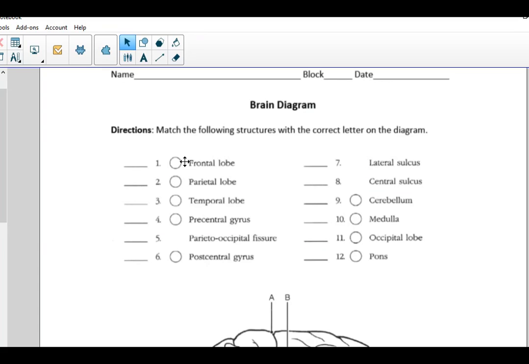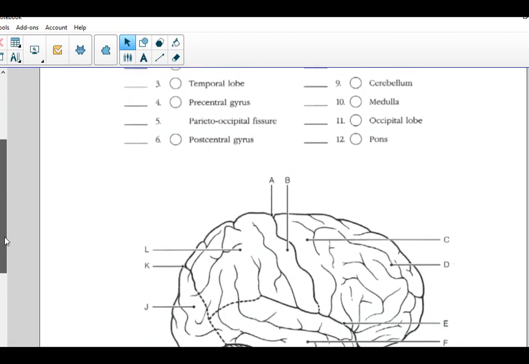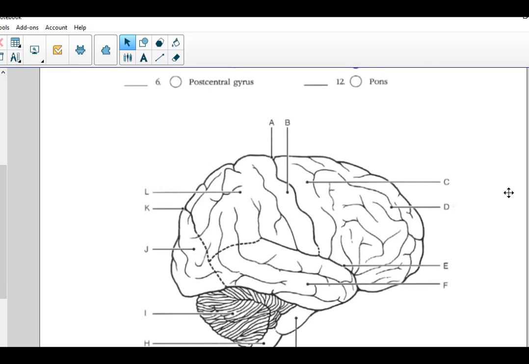So I'd like to do the frontal, parietal, and temporal lobes first. As far as identifying them, if I said that this was the anterior part of the brain, it would either be C or D. C happens to be a different structure, so the best answer here for the frontal lobe is letter D.